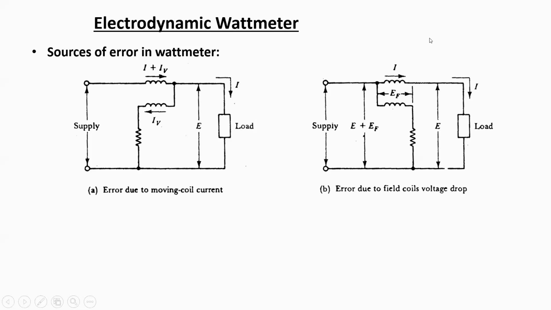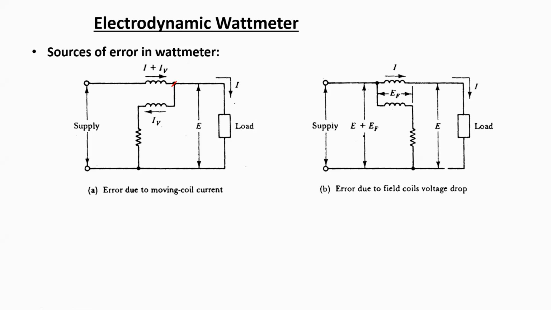Now at this point, we are going to discuss the sources of error in the case of a wattmeter. The sources of error can be in terms of the connection of the moving coil. Let's say we are connecting the moving coil after finishing the connection of the fixed coils, then what will happen?